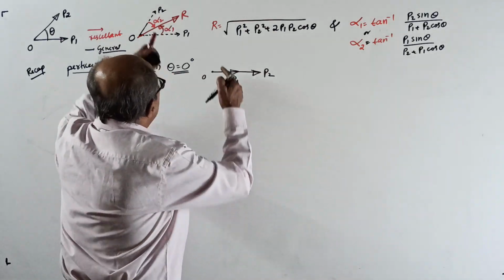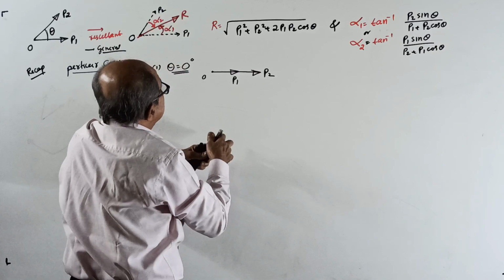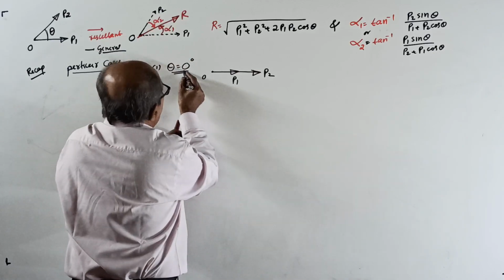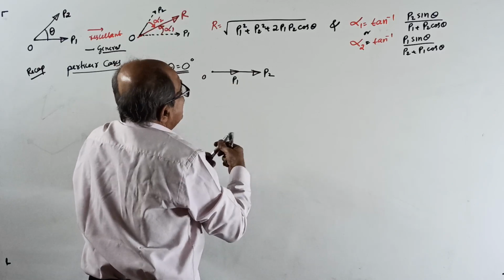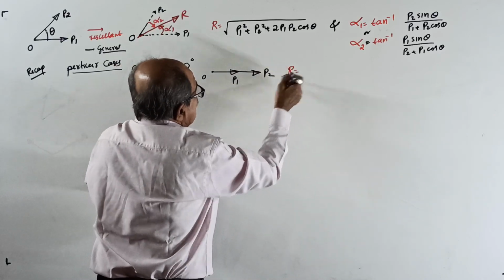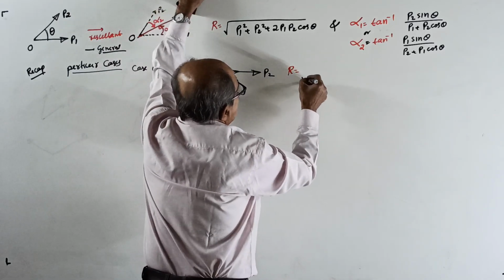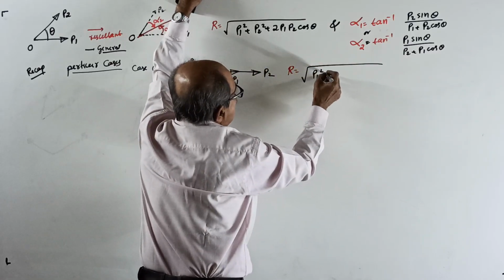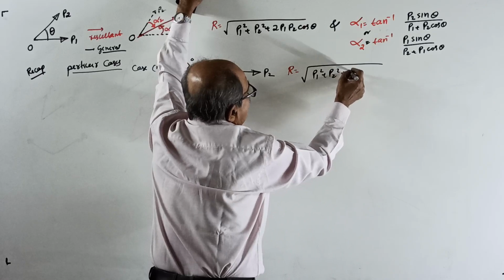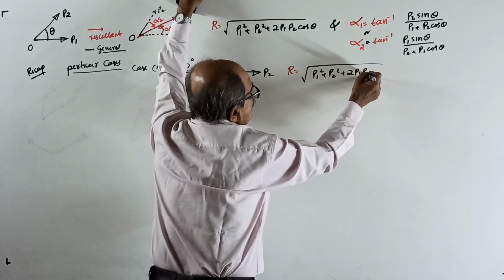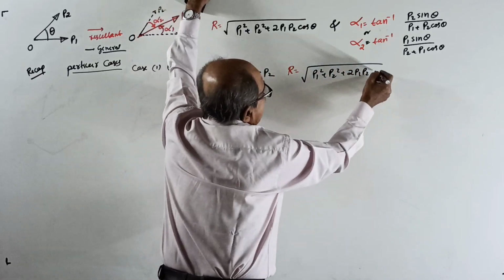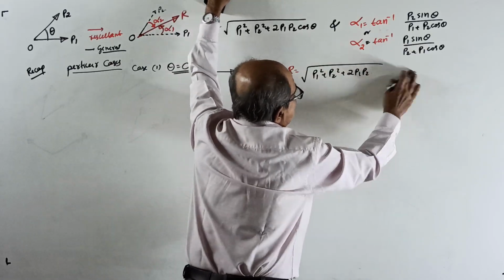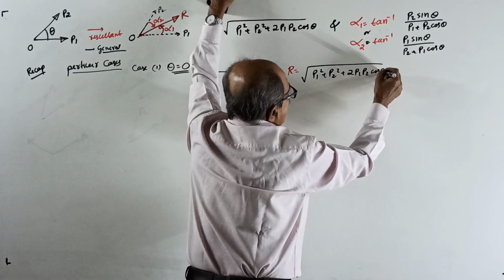But anyway, see here, what happens? Theta 0 degrees. Then your resultant equals, substitute in this formula, root of P1 square plus P2 square plus 2 P1 P2 into cos 90.